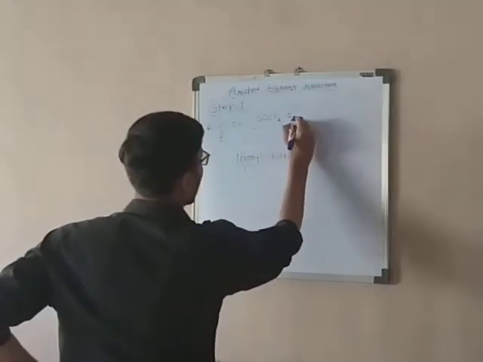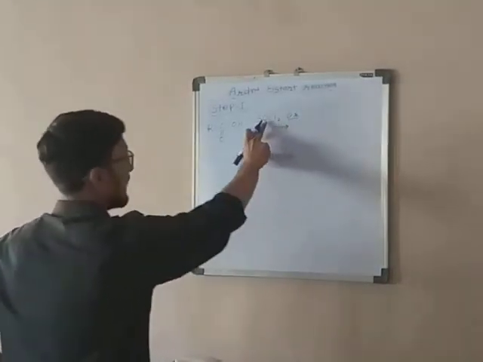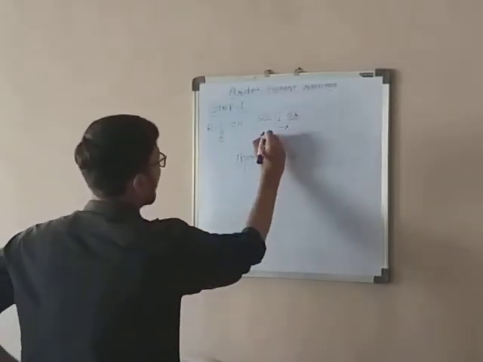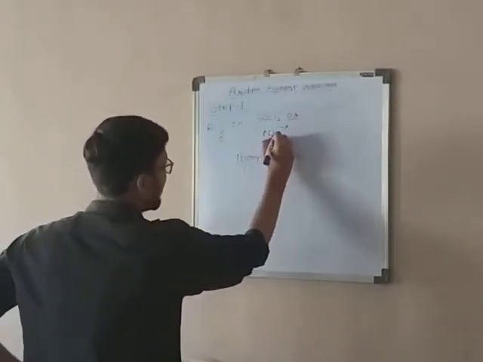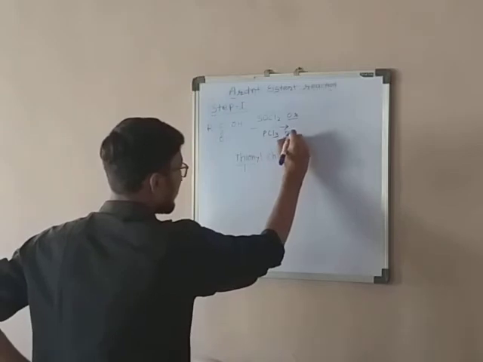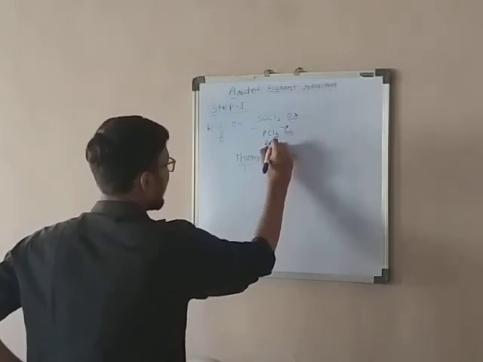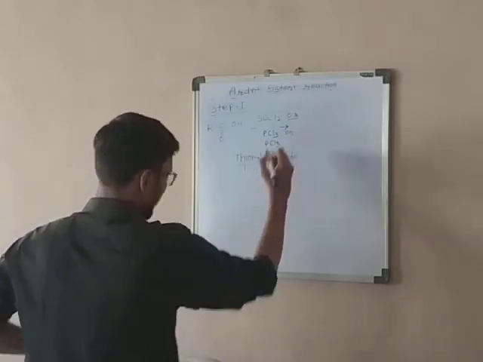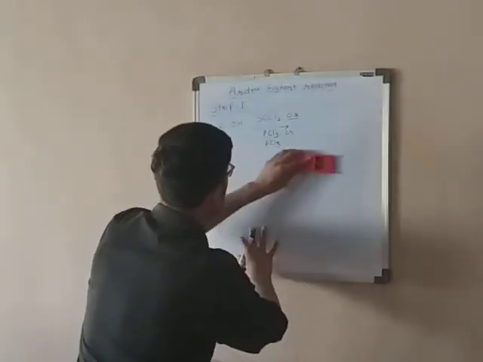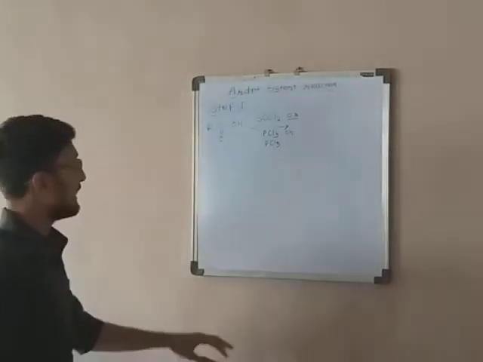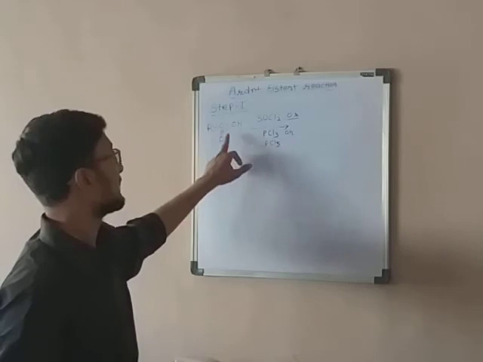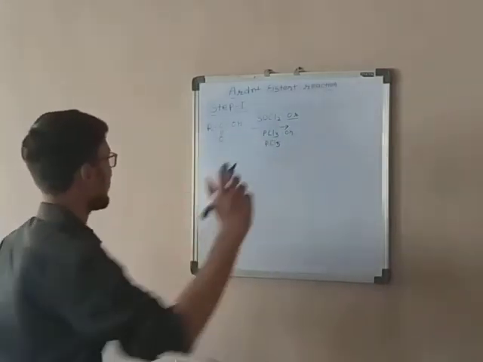So I am writing it, or we can use either sulfuryl chloride or phosphorus trichloride or phosphorus pentachloride. Okay. So basically any of the three reagents can give us the product as acyl chloride.